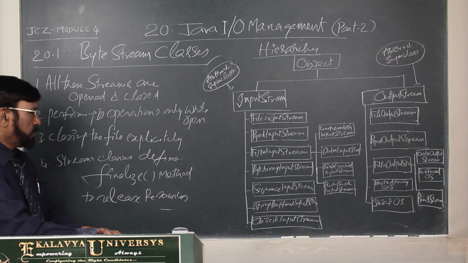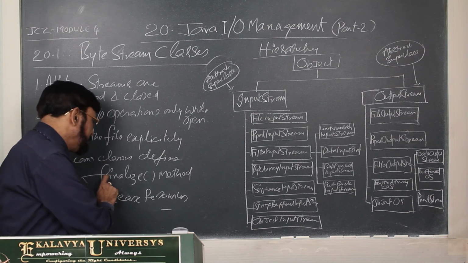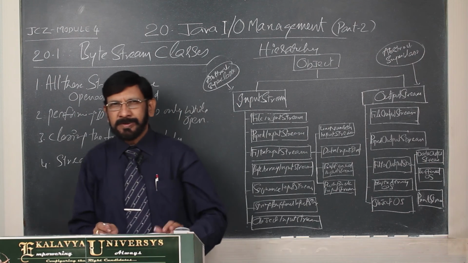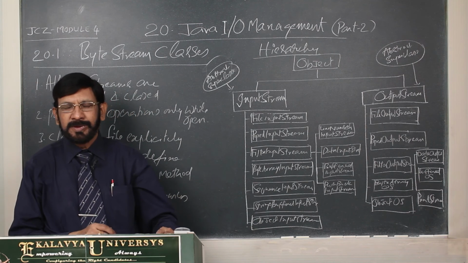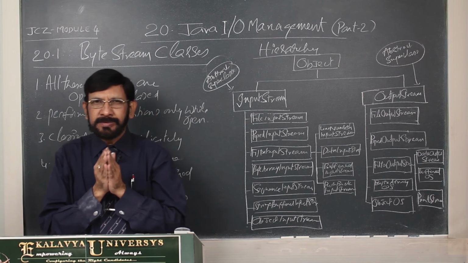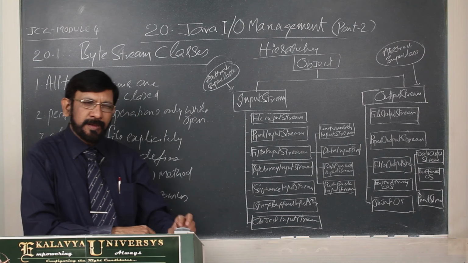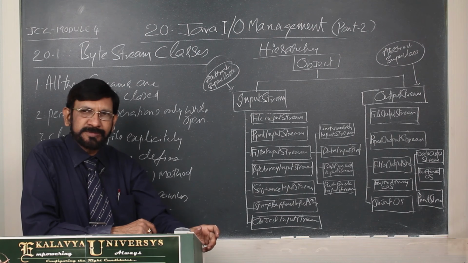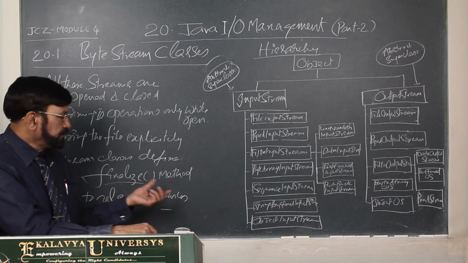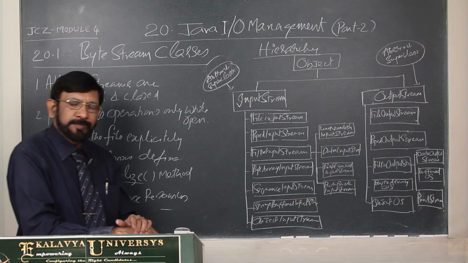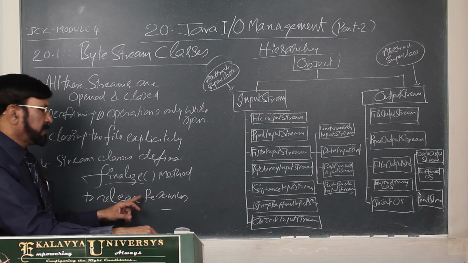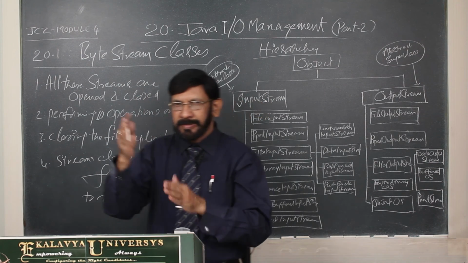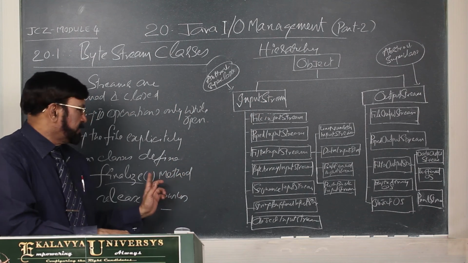Thereafter, whenever it is closed, then the finalize method is called. Actually, this finalize method is a housekeeping method. This method is meant for deallocating the resources. Already explained about that in the garbage collection mechanism: before making the garbage collection, it calls the finalize method.